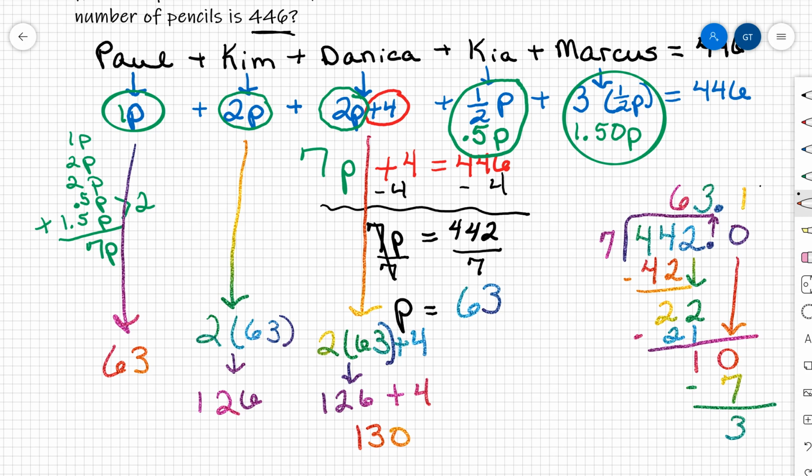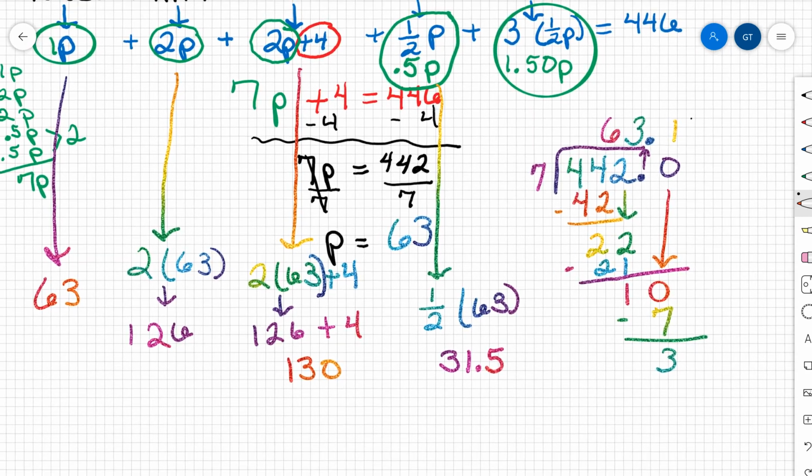All right. Kai has half of Paul. So 1/2 times 63. So half of 63 is going to be 31.5. So he's got half a pencil. 31.5. And then Marcus, let me move mine up here.